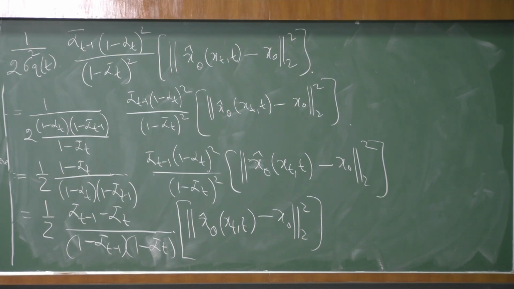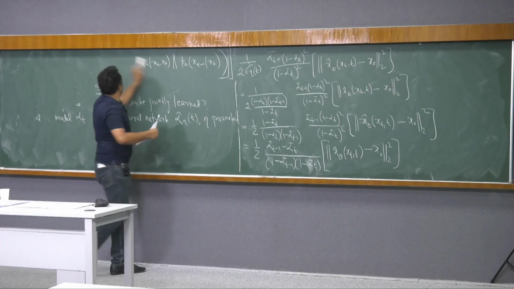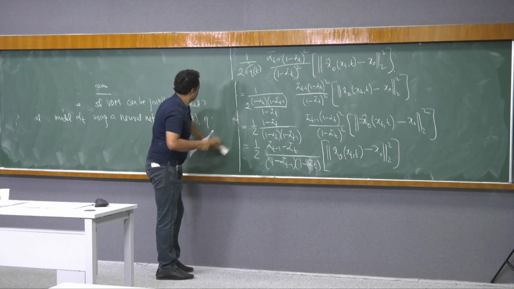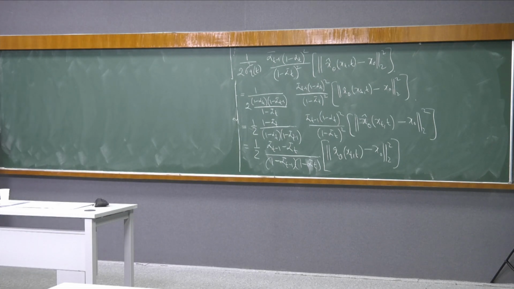Now we will continue with this. We'll write it as a difference of the signal to noise ratio. So what we'll do is that we will add and subtract two terms here. So this is equal to half of alpha bar t minus 1.